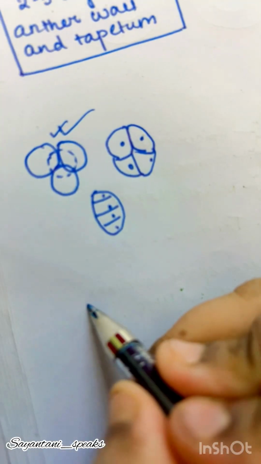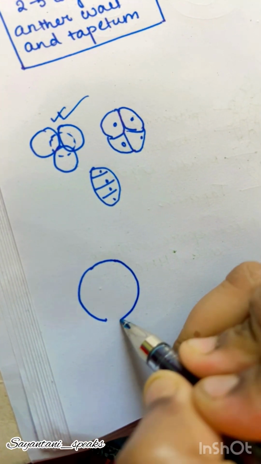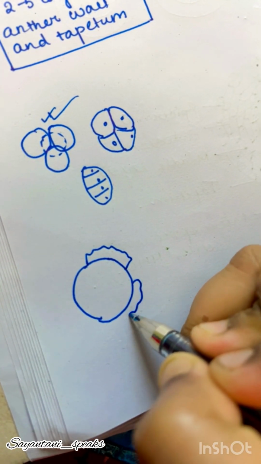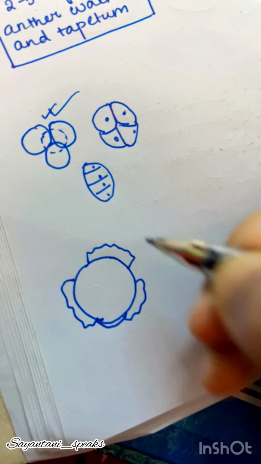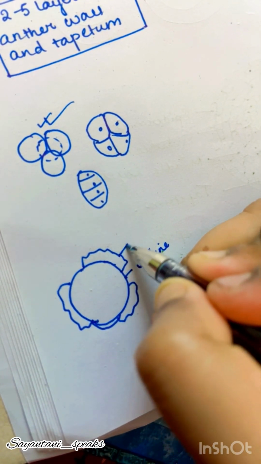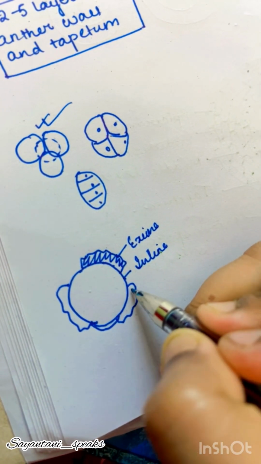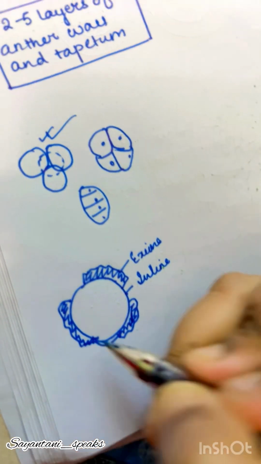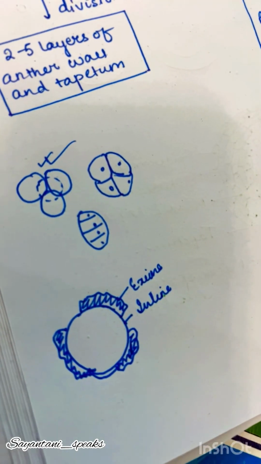Now the pollen grain, after their separation, forms a structure like this, wherein they have an inner intine and an outer exine. This exine is comprised of the strongest chemical, known as sporopollenin.